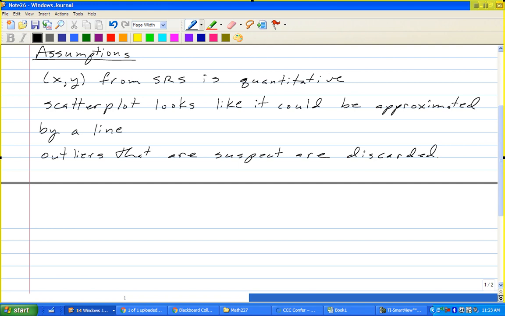Any outlier will greatly affect the regression line. So if any of them are suspected to be errors or anything, then you would certainly throw them out.